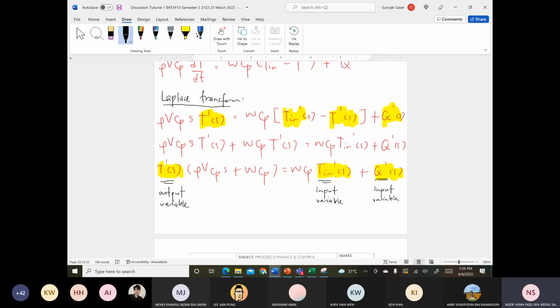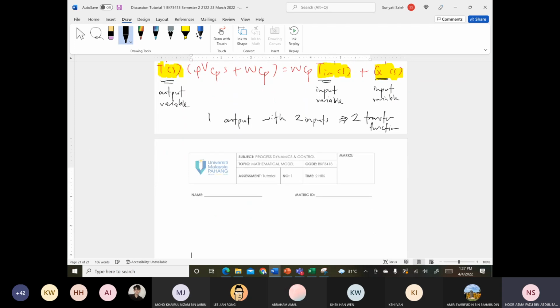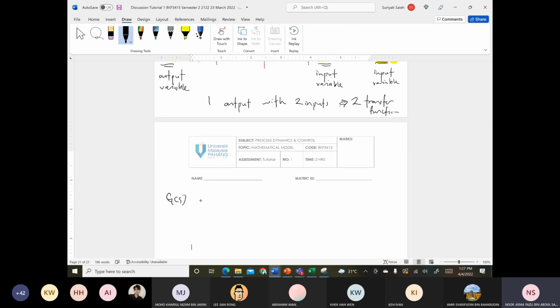When you have one output with two inputs, that means you have two transfer functions. Because you have two inputs, that means you have two transfer functions involved in this case, maybe in the form of, if you recall, the G(s) transfer function.